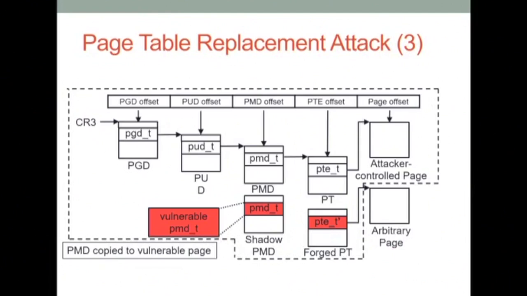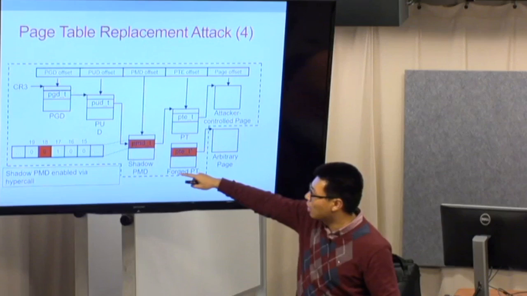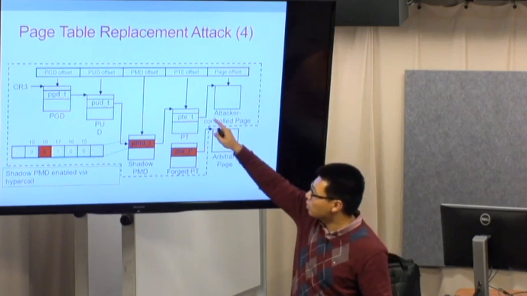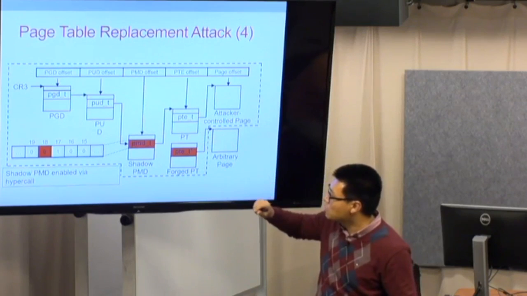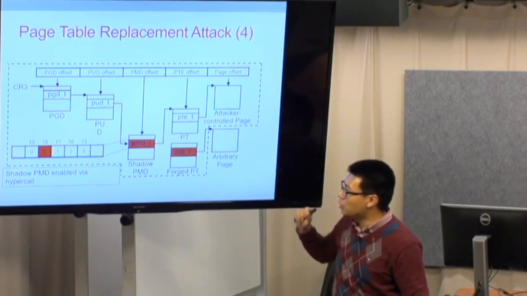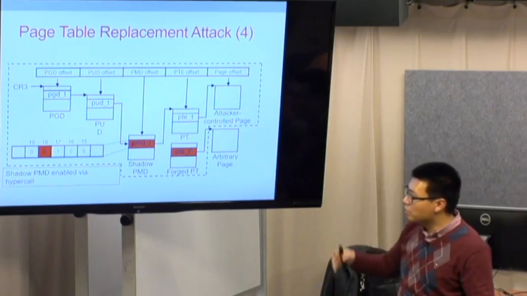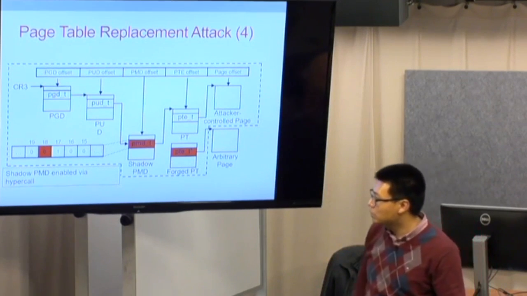Then, because these two pages are identical, we can use a hypercall to replace the original PMD with the shadow PMD. So now the shadow PMD will become part of the page tables used by the kernel because they are basically identical. This type of request can be granted by the hypervisor.